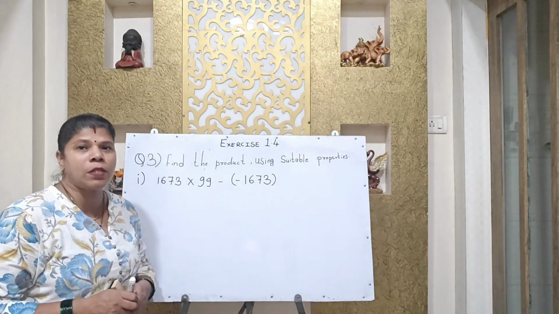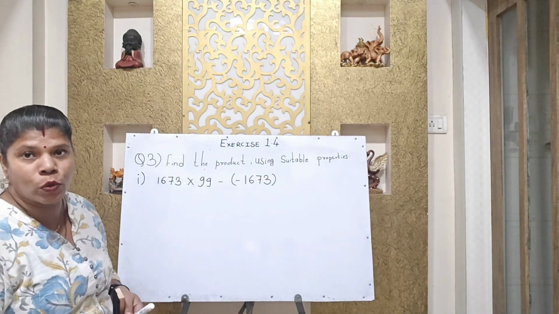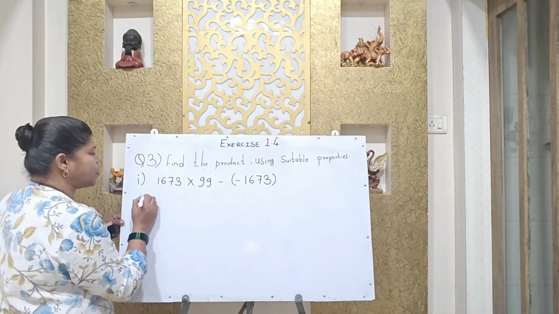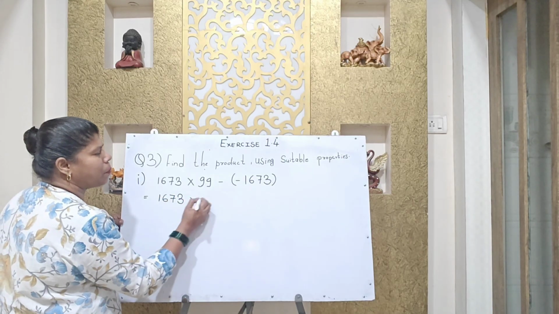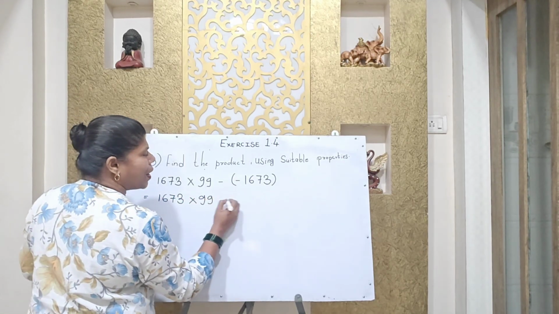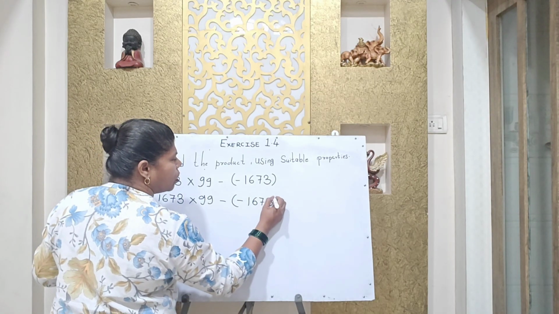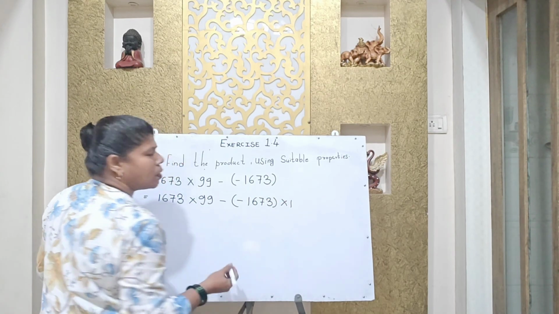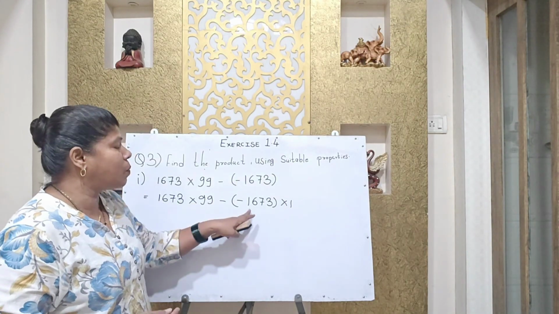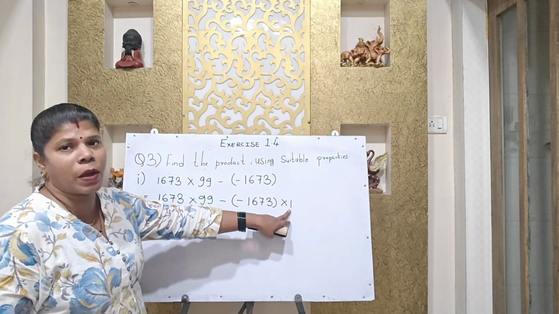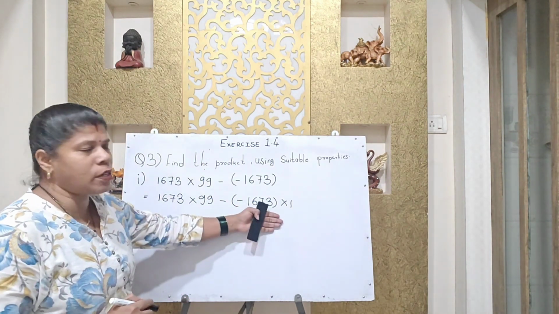We know that if we multiply any number with the 1, the equation is not going to change. So what we did here, 1673 multiplied by 99 minus 1673 multiplied by 1. This is not going to change the equation. Now both the sides are equal, 2 numbers and 2 numbers.